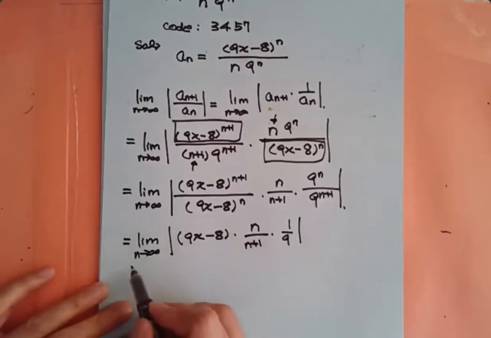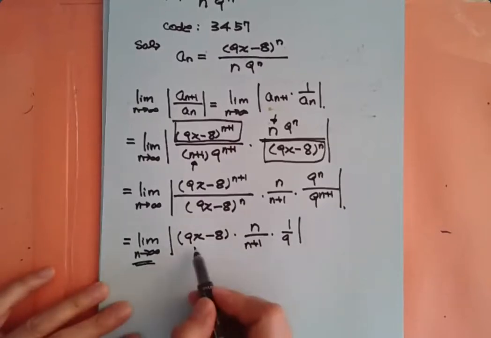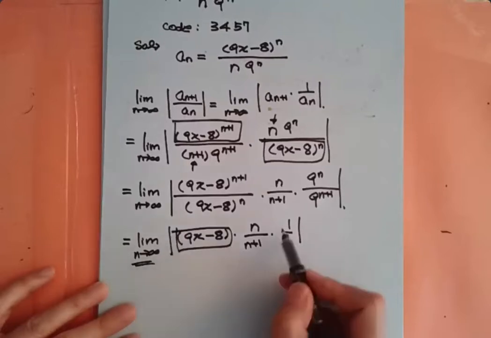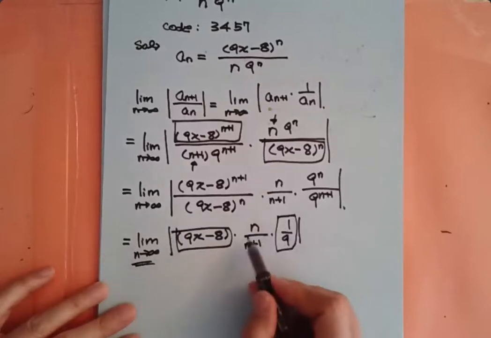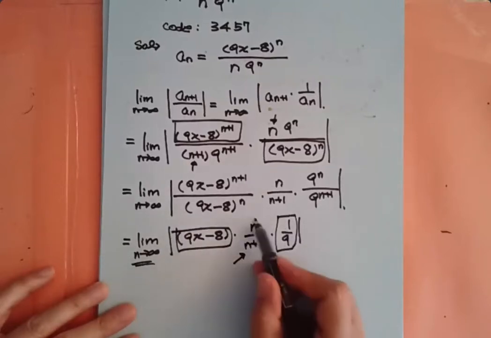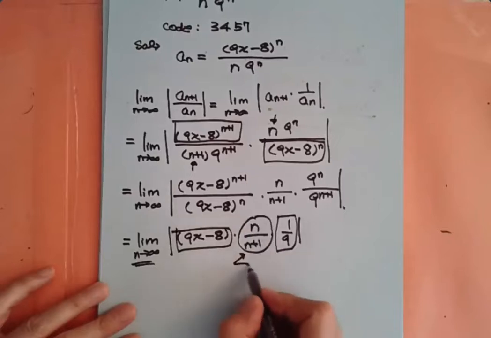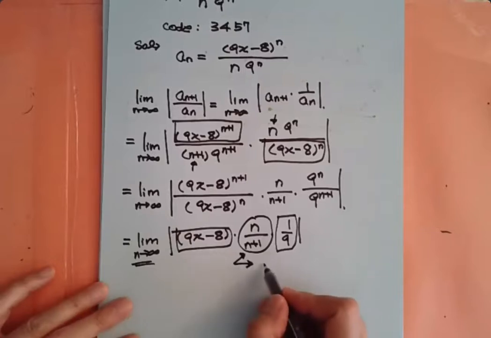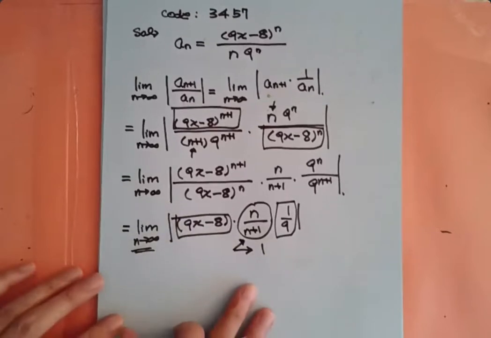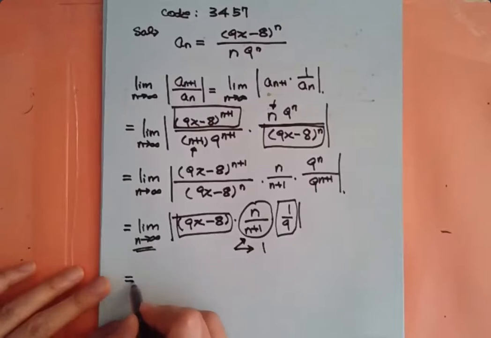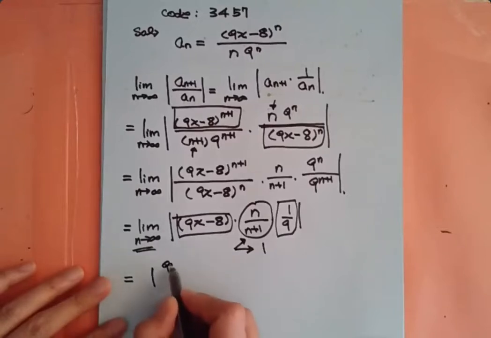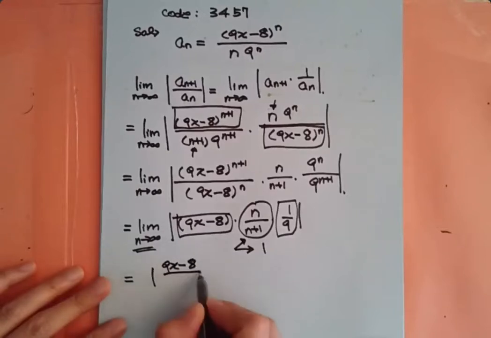And when we think about the limit, x is just an unknown fixed number, and so these two are fixed numbers. And for this part, n over n plus 1, that'll go to 1, right? So the limit will be (9x minus 8) over 9.